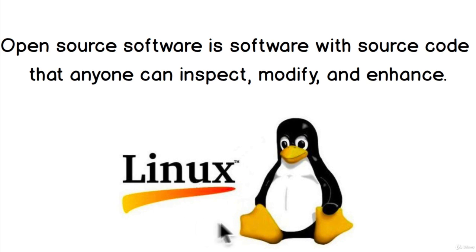Anybody can inspect the code, add on to it, and it's become so successful that most of the cloud that we know of, the servers usually run Linux. AWS, Google Cloud, Microsoft Azure, all of them use Linux. Some of you might be running Linux right now as you watch this video.